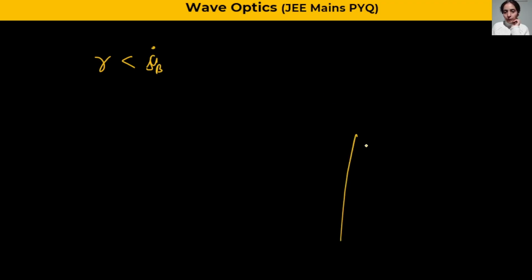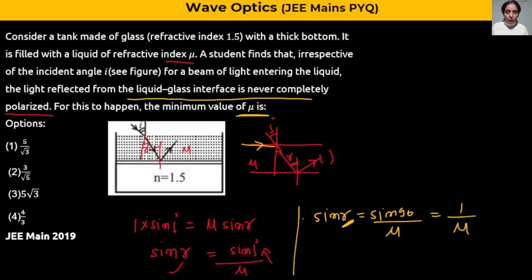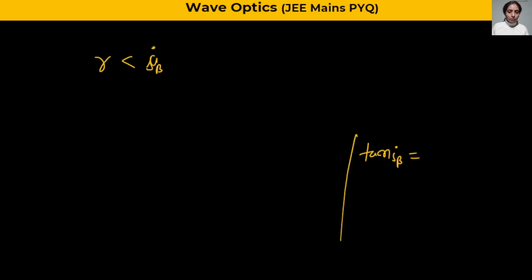अब देखो Brewster's angle को आप क्या लिखते हो, आपको याद होगा that is written as tan iB, and tan iB is equal to how much? Light is going from which media to which media? This is going from mu to mu g, sort of, right?